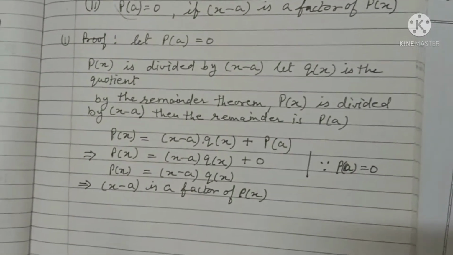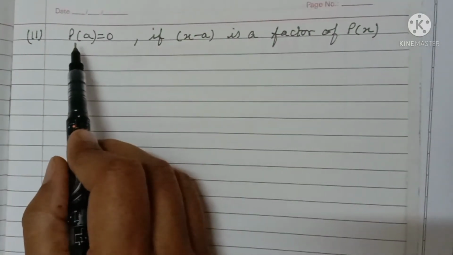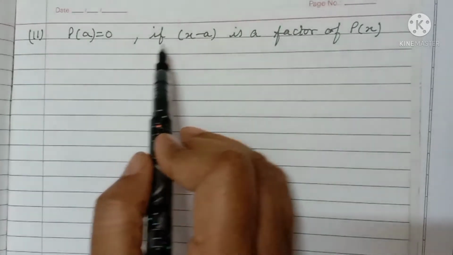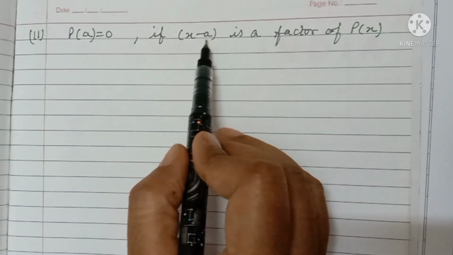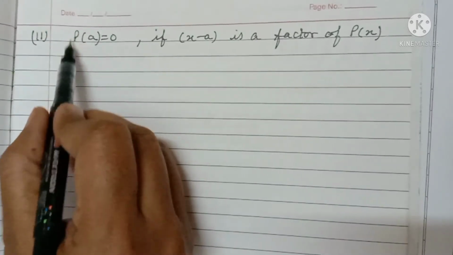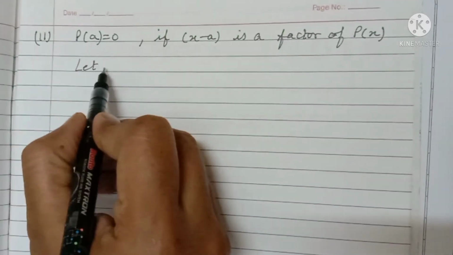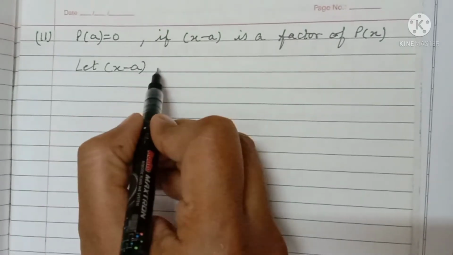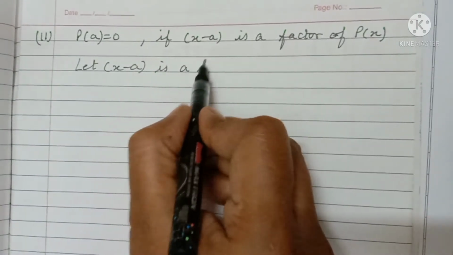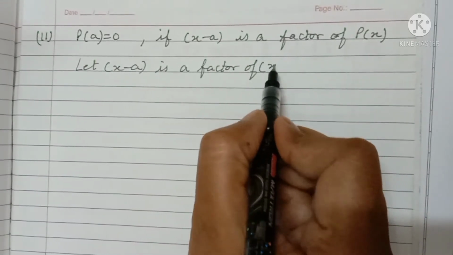Now come to the second part. In this part, the given is that x minus a is a factor of p(x), and we have to prove p(a) is equal to 0. Therefore, let x minus a be a factor of p(x).